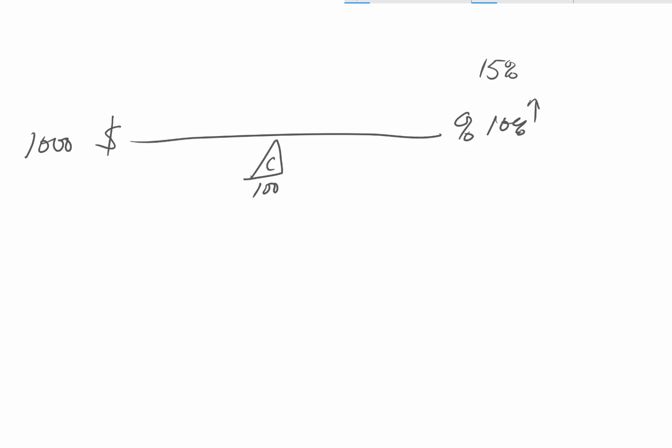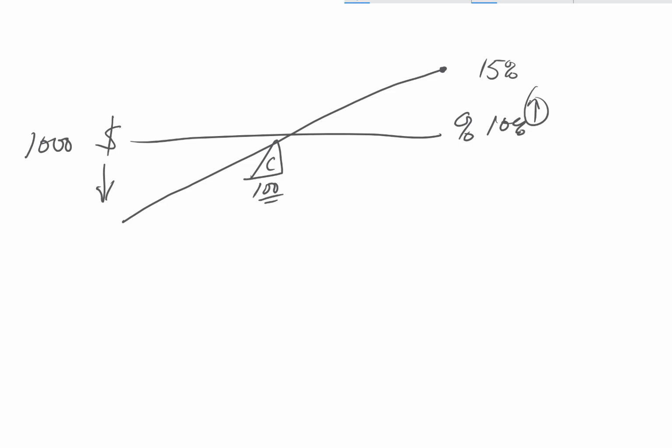So what has to happen in order to make this coupon look like 15%? The price of the bond has to drop as the yield rises in order to make the coupon look like a 15% yield, in order to give the investor a market yield.